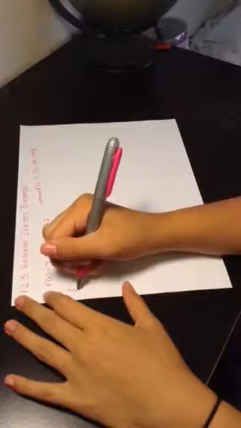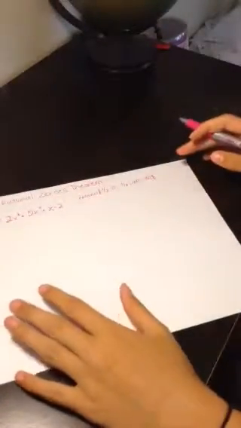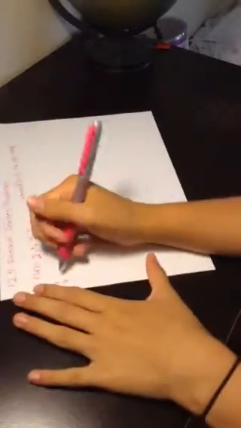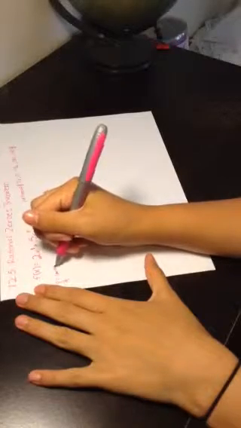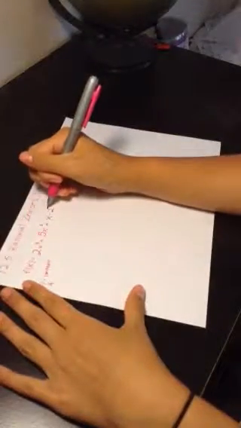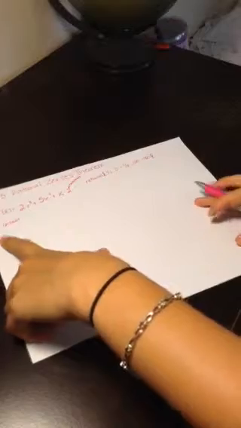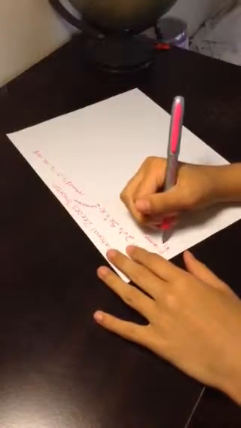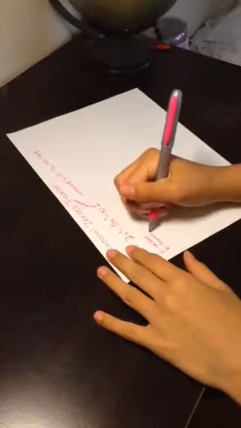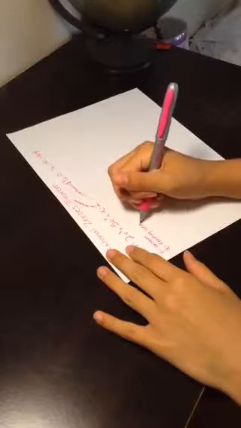The formula that you want to use is P over Q, and what that stands for is the constant term. P equals constant, which is right here. That's your constant. And Q is your leading coefficient, right here.